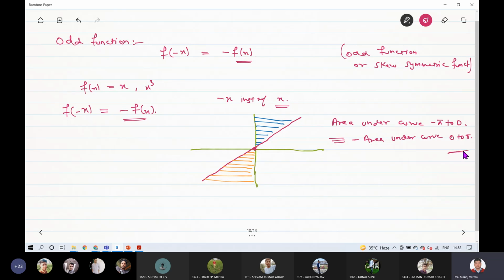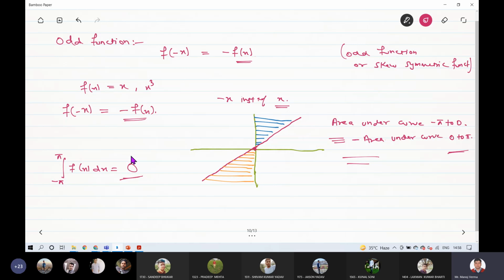So this property yields the result that the integration of an odd function from minus pi to pi will be equal to 0, because integration is simply the area under the curve.